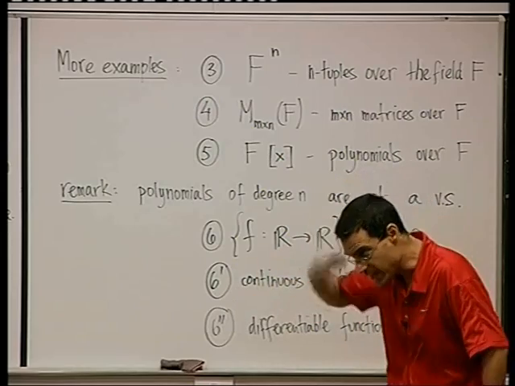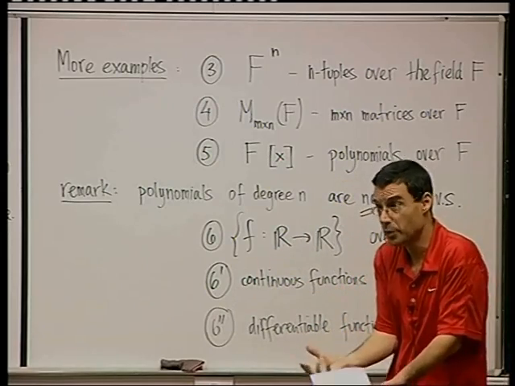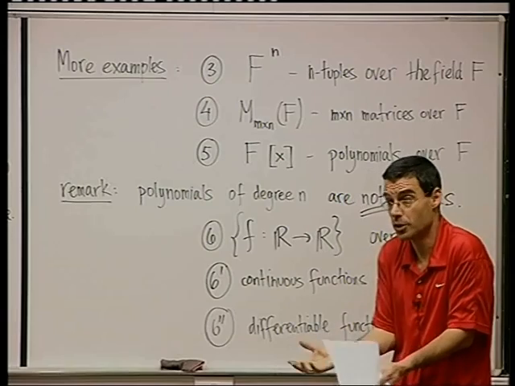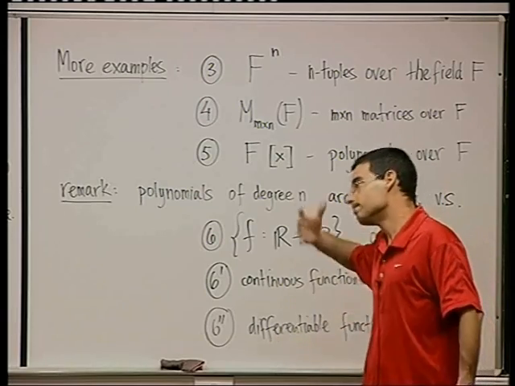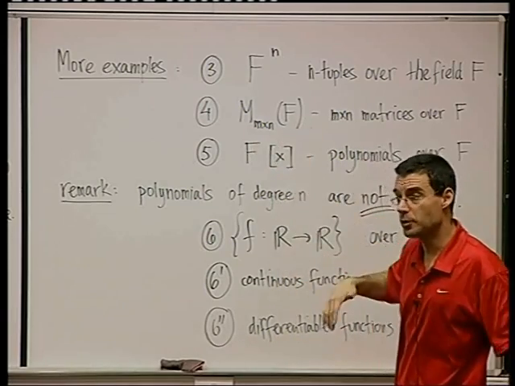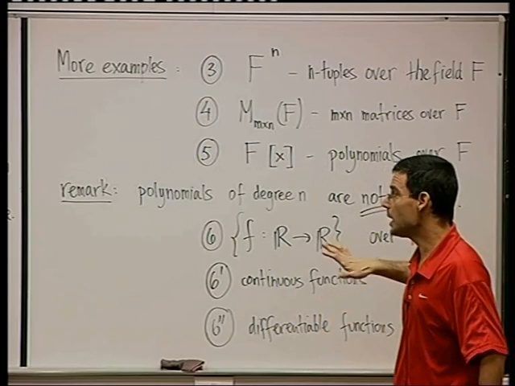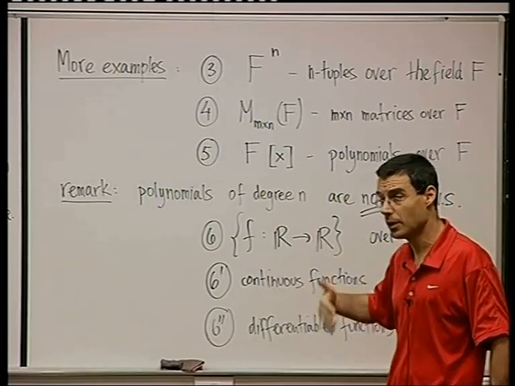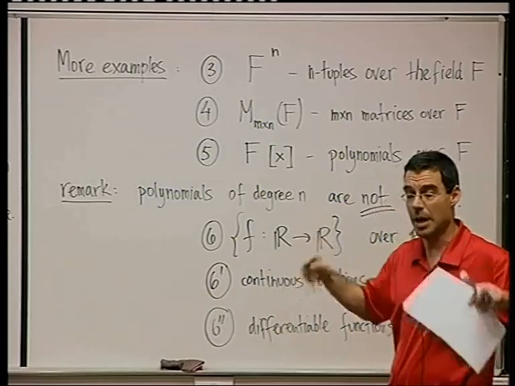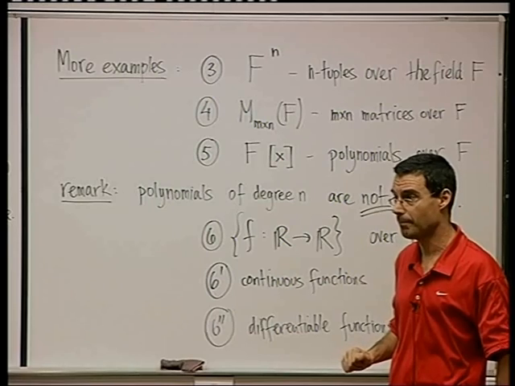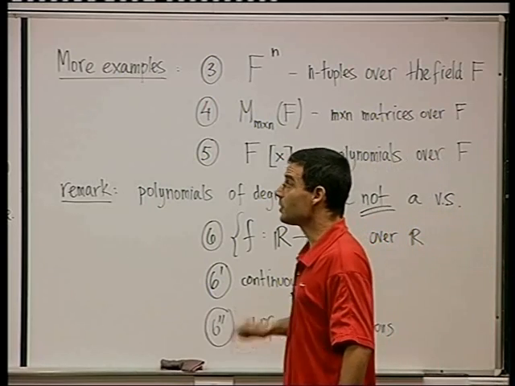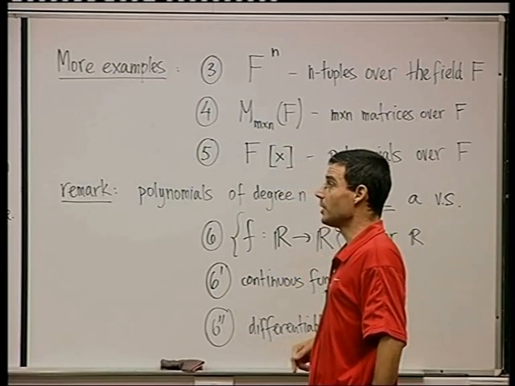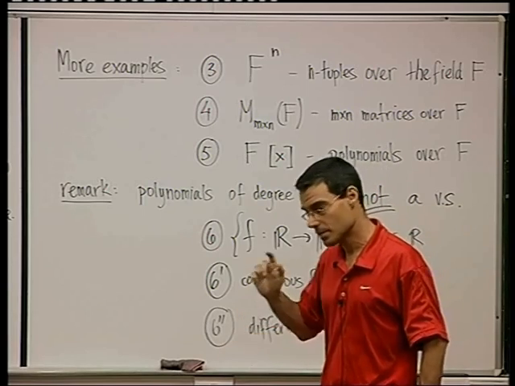You always think examples. Examples are where you feel more secure, where you know what you're doing, and then go one step up to the abstract. Okay, and don't be intimidated by the abstract, because you get used to it. We're going to do many, many things in the abstract, and gradually you'll get used to them. Okay, so what we're going to discuss next is the notion of subspaces, coming up next.